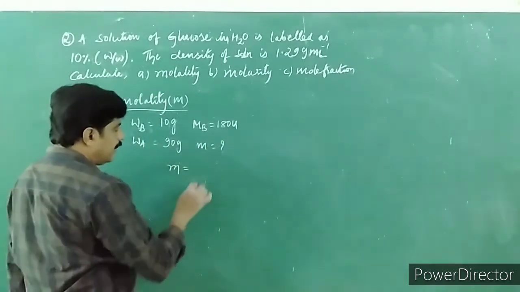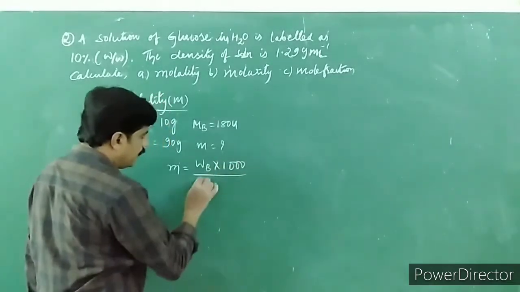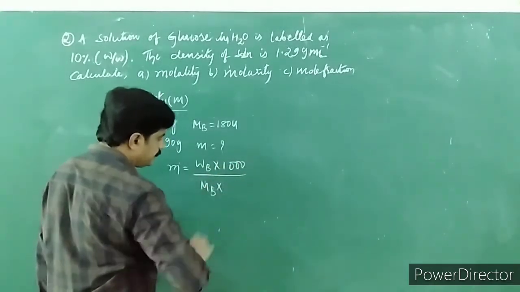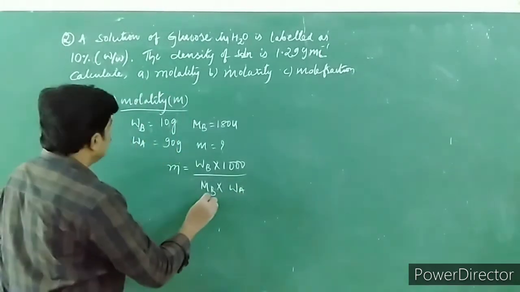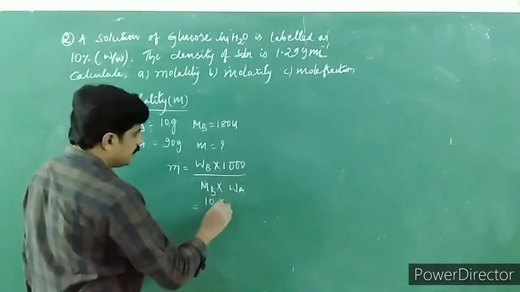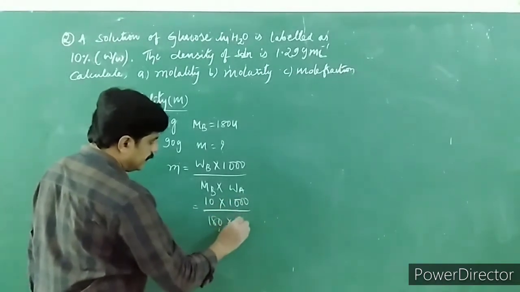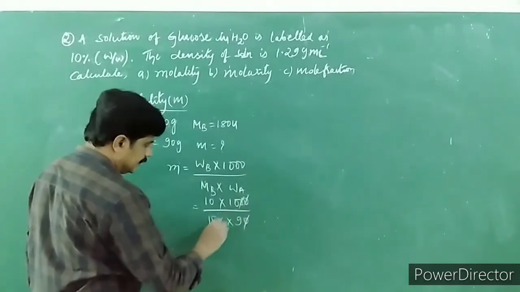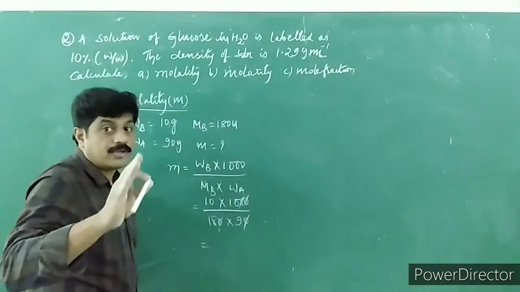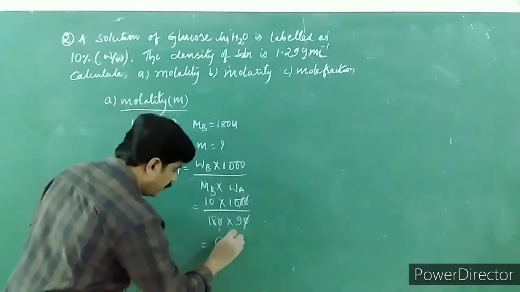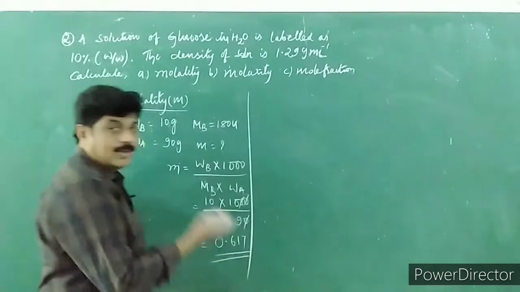And you know the expression for molality, WB into 1000 upon MB into WA. Now WB is how much here? WB is equal to 10 grams into 1000, MB is equal to 180 into 90. Children, if you simplify, then you are going to get 0.617 molality.